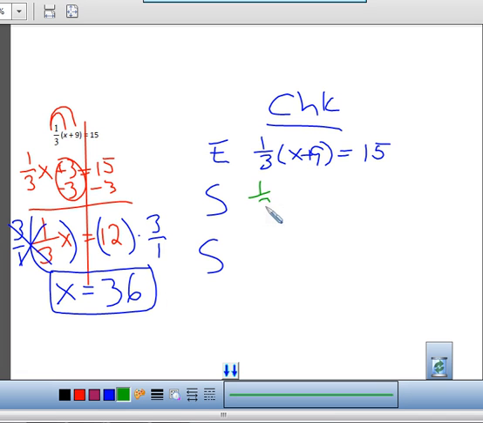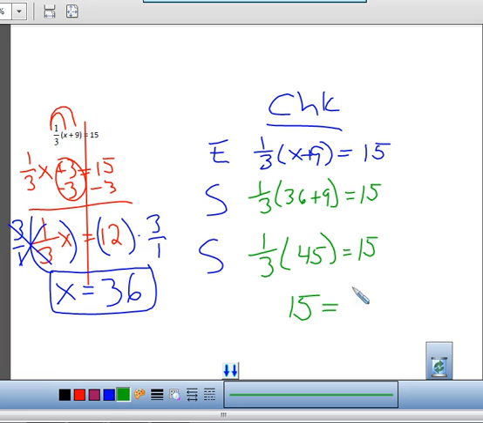So I get 1/3 times 36 plus 9 equals 15. 36 plus 9 is 45, so I get 1/3 of 45 equals 15. So either do 1/3 times 45, or some of you have gotten good at recognizing that 1/3 of 45 is the same as 45 divided by 3, which is 15. 15 equals 15, and it checks.